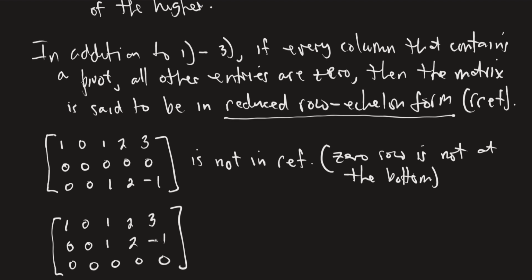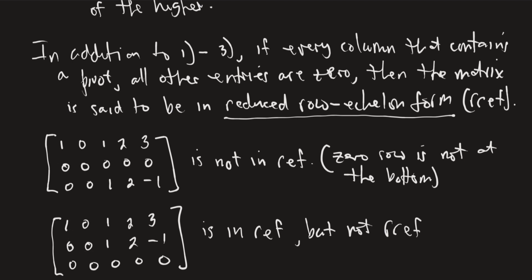But here, this matrix meets all three requirements, so it is in row echelon form, but not reduced row echelon form. Why? Let's look at the columns that have pivots.